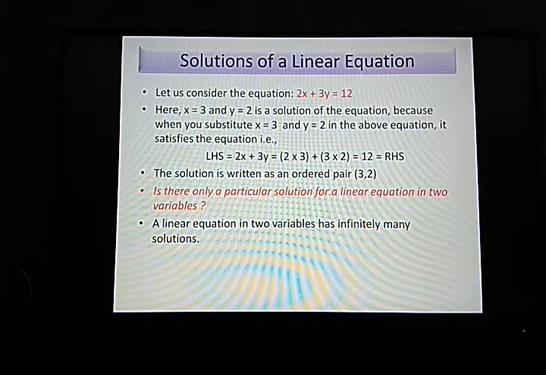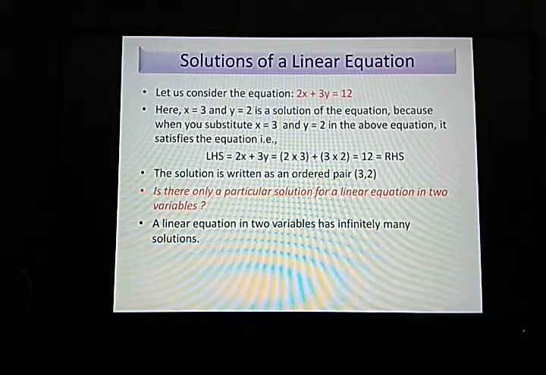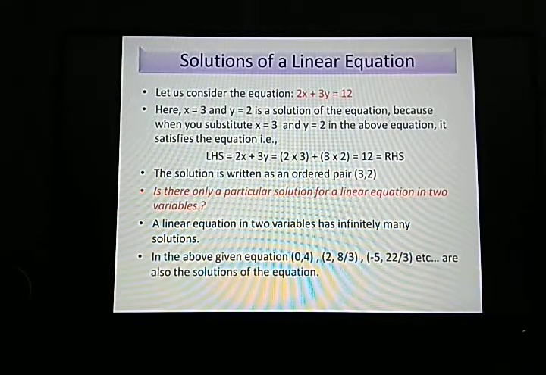Let us see how to find the other solutions of the linear equation. We'll take this example. These are also some of the other solutions, like (0, 4), (2, 8/3), (-5, 22/3).